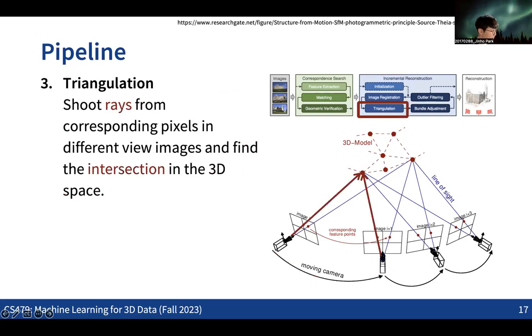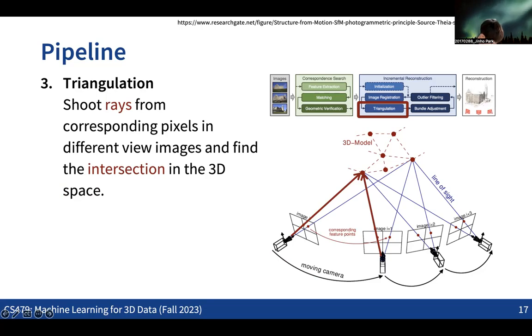This is the challenging part. But once we have all the camera information, for each of the corresponding pixels in each image, we can shoot a ray from the 2D to the 3D space. This is sort of reverse engineering, right? The images were the output of the projection of the 3D to the 2D, so we are doing things in the reverse way, shooting a ray into the 3D space for each pixel.